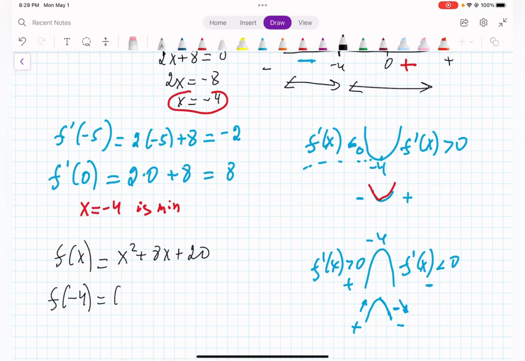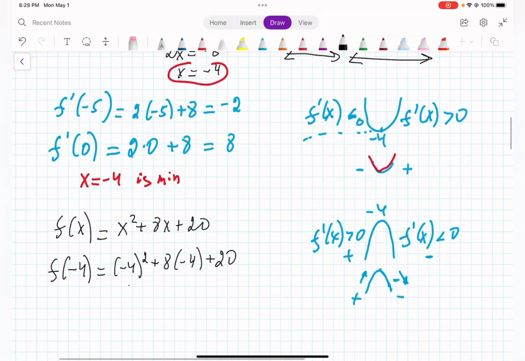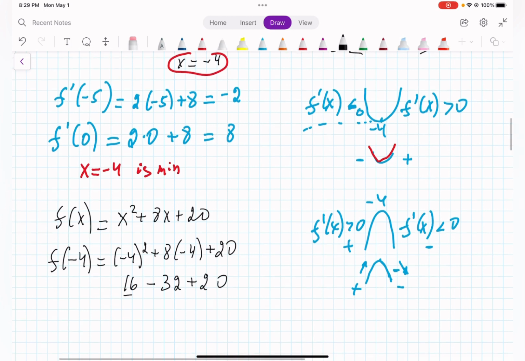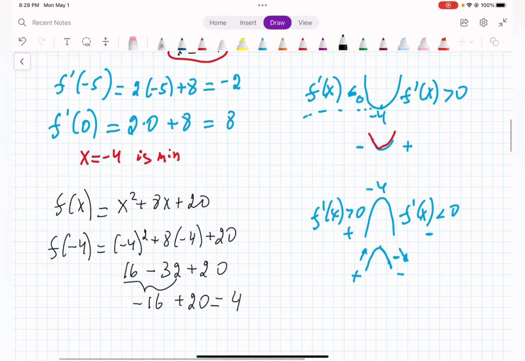It's going to be -4 squared plus 8 times -4 plus 20. So I'm getting 16 minus 32 plus 20. This is going to be -16, and plus 20 is equal to +4.